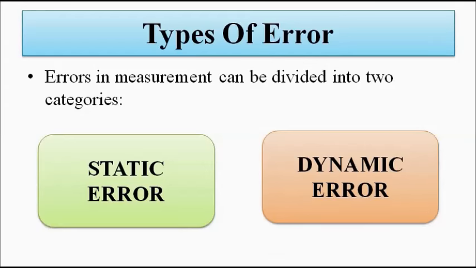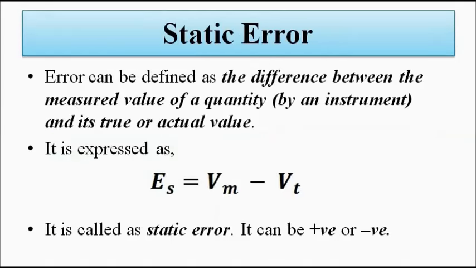Static error is the difference between the measured value of a quantity or parameter under measurement, which is the output reading of the instrument, and the actual value of the parameter. So the difference between measured value and actual value is static error.